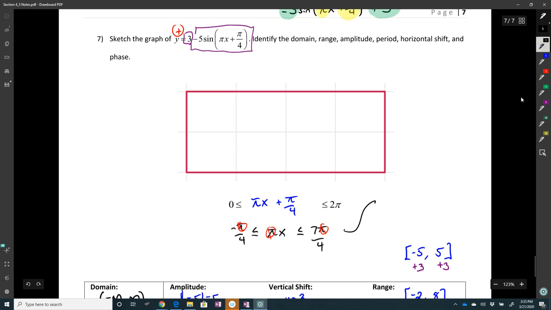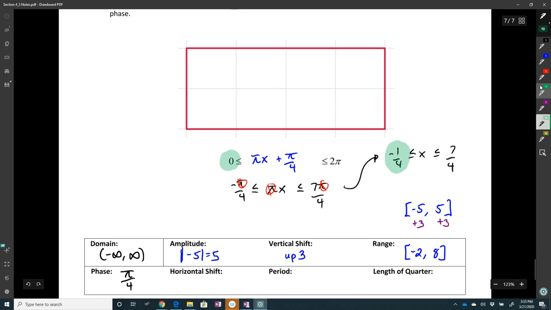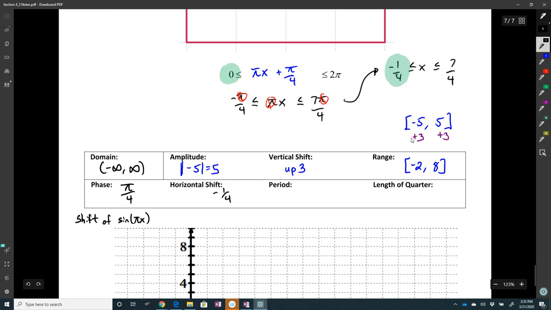So we're left with negative 1/4 to 7/4 for x. My graph started at 0, and it shifted to negative 1/4. So my horizontal shift is negative 1/4, and that's the shift of sine of x.